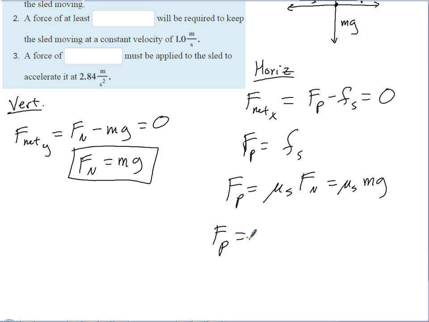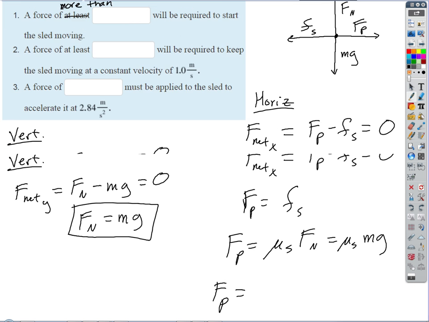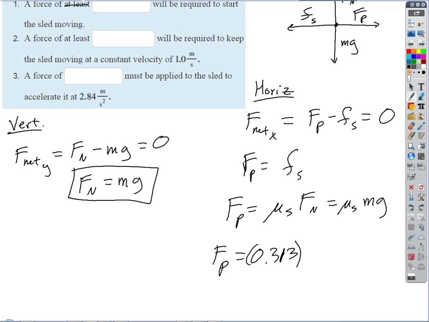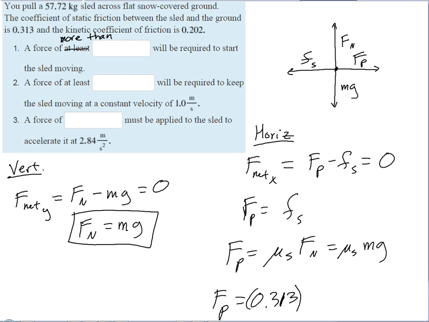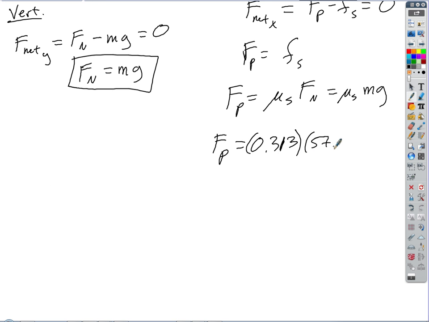So my pulling force equals, what is that? Static friction coefficient is 0.313. What are the units of the coefficient of friction? Unitless. Coefficients are unitless, right? So 0.313 times m, which is, what was that, do you remember? 57.72 times 9.80.